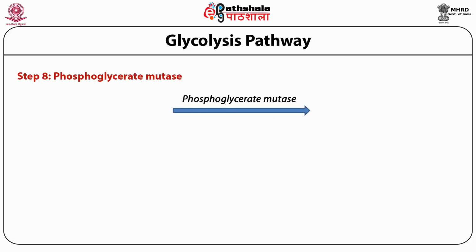Step 8, phosphoglycerate mutase. During this step, 3-phosphoglycerate does not contain enough energy. For ATP generation, 3-phosphoglycerate is rearranged into 2-phosphoglycerate.